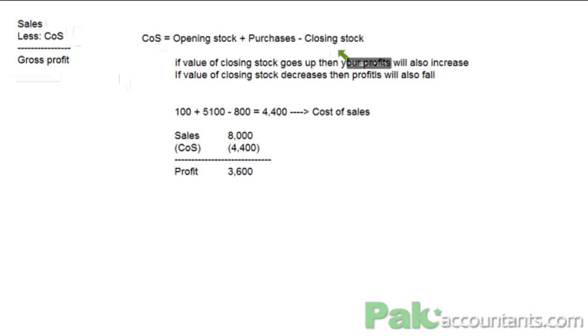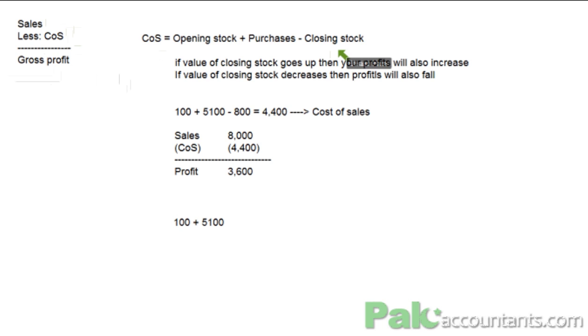Now suppose the value of closing stock reduces for any reason. It can be because you counted the stock and found that fewer units are present in the godown, or you have changed the valuation technique, and because of that the value of closing stock is no more 800, it's less than that. Let's see how it affects our calculation of profit.